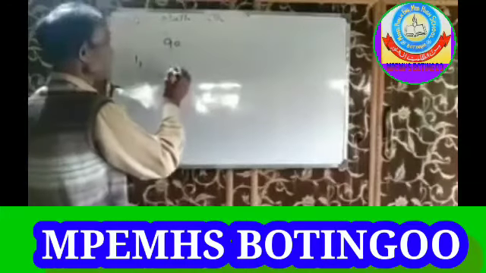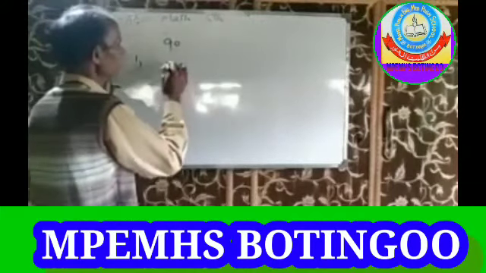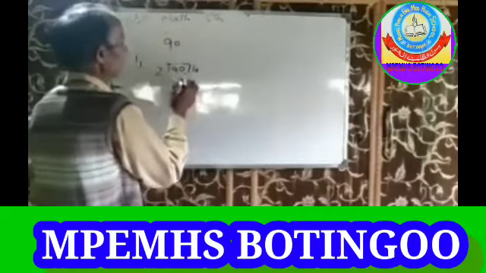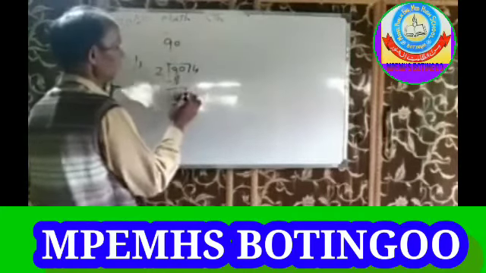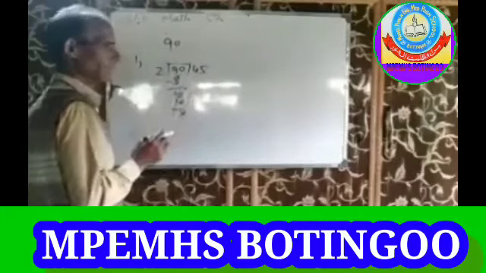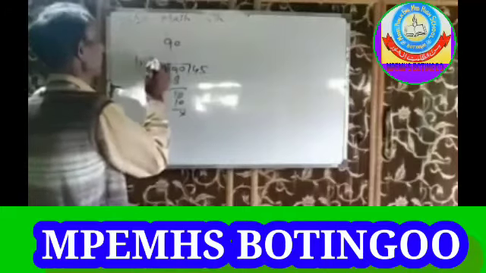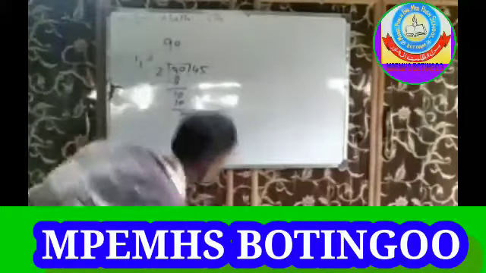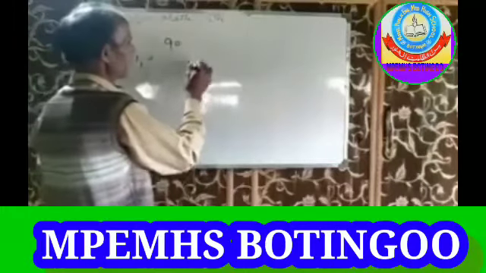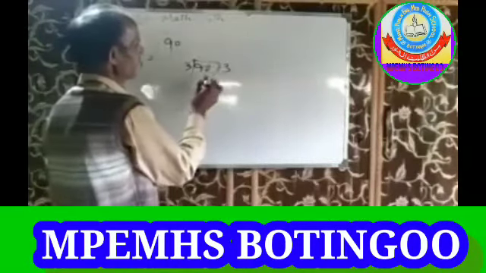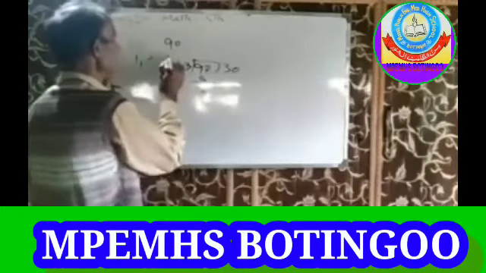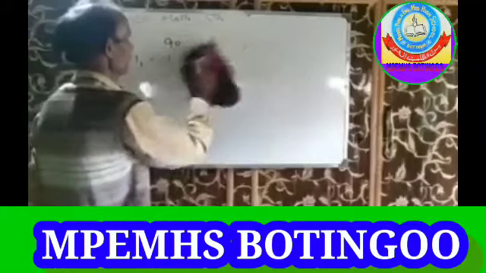After that, we take 2. 2 4s are 8, 2 5s are 10. We have proved that 2 is a factor of 90. After 2, we can divide 90 by 3. 3 3s are 9, 3 30s are 90. 3 is a factor of 90.